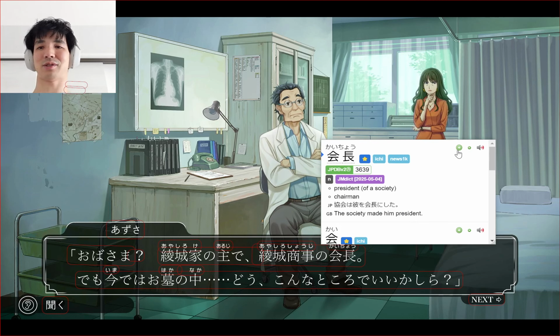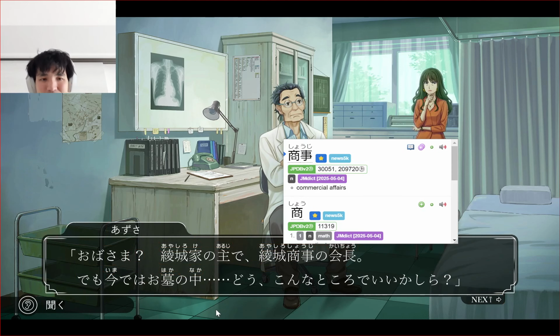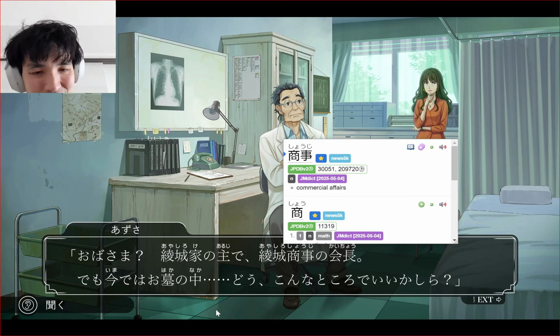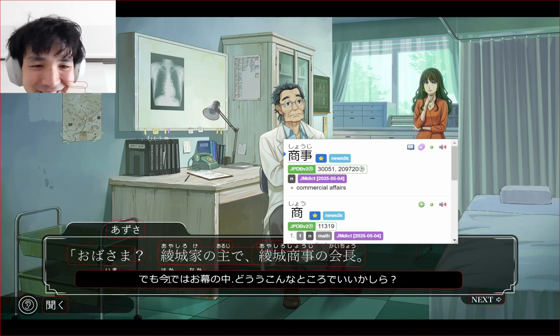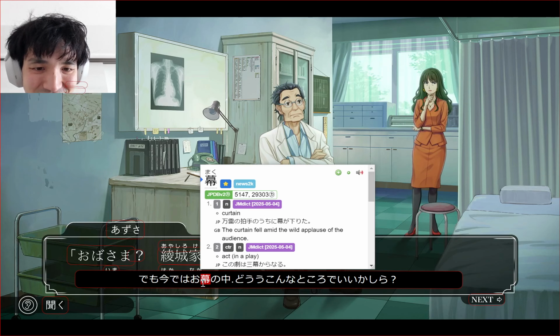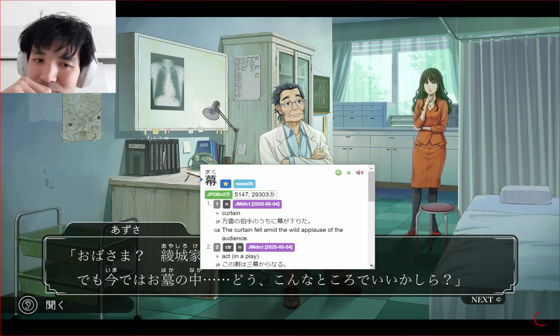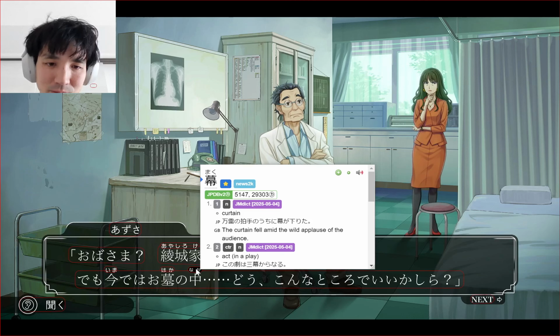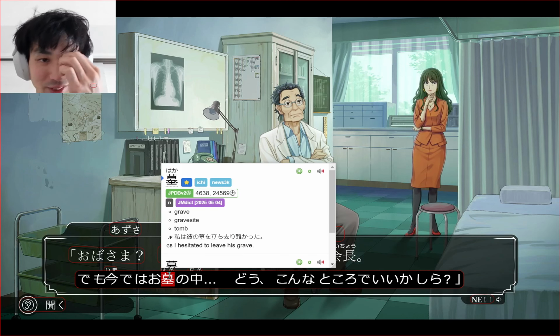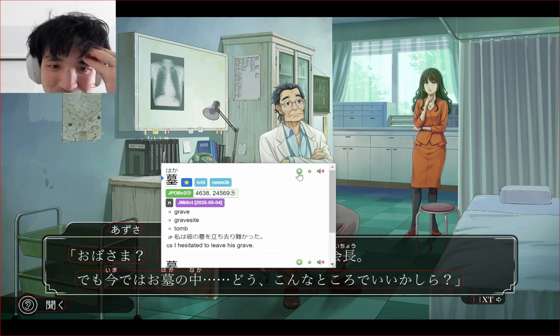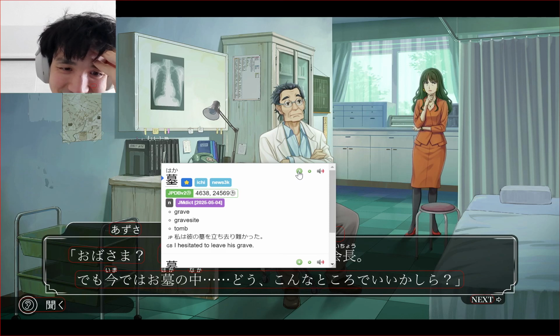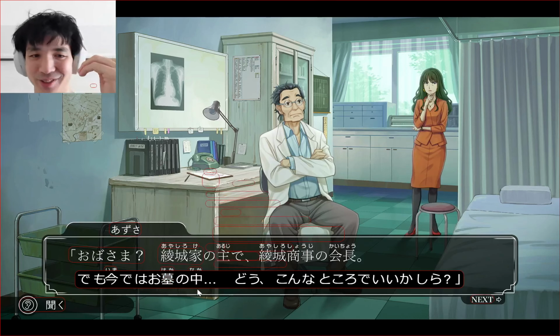She's the president of the Ayashiro commercial company. でも今では, nowadays, お墓の中. She's in the middle of a grave. This seems like the wrong kanji. Yeah, hold on. Hako no naka. So nowadays, she's in the middle of the grave.